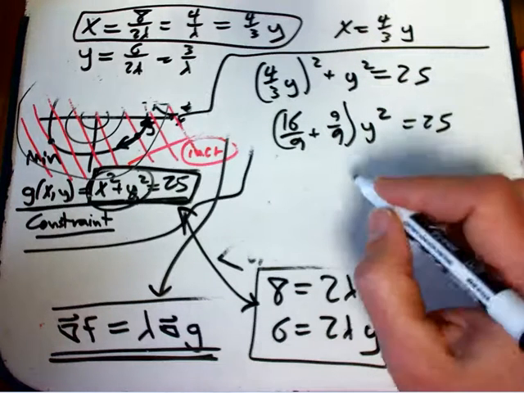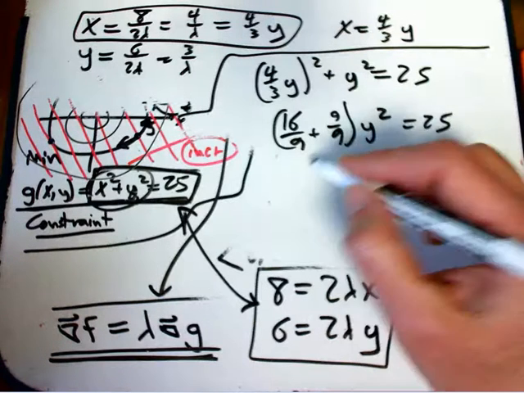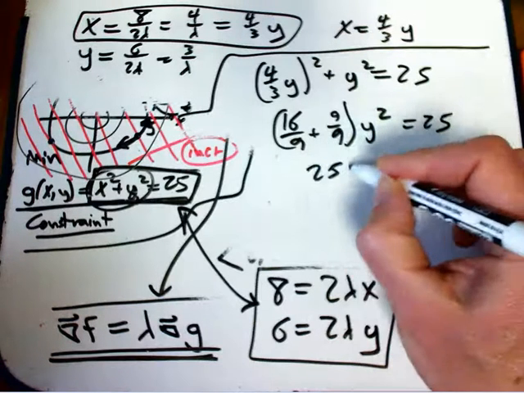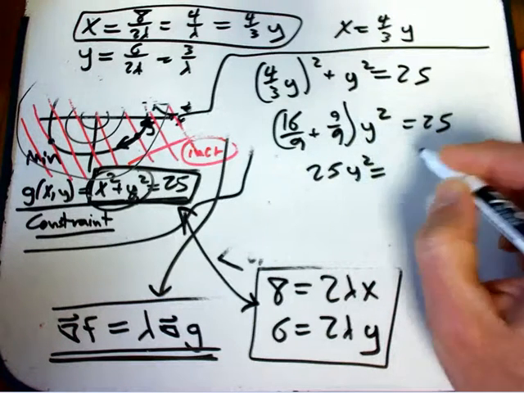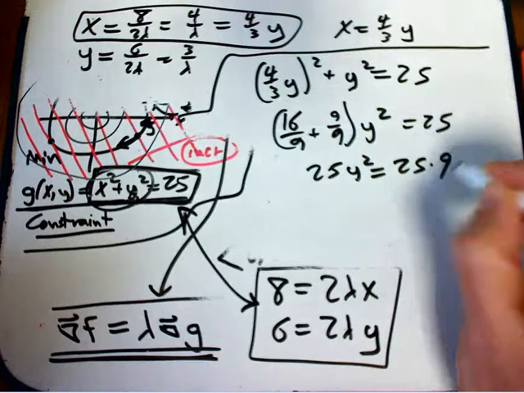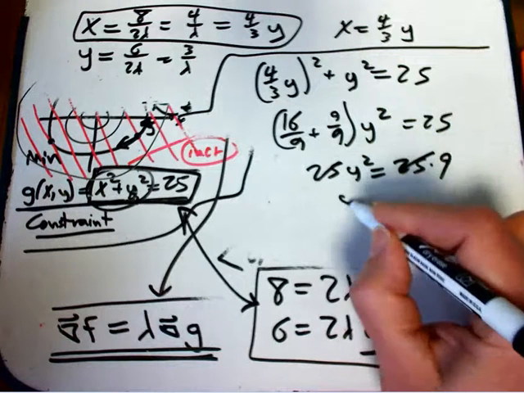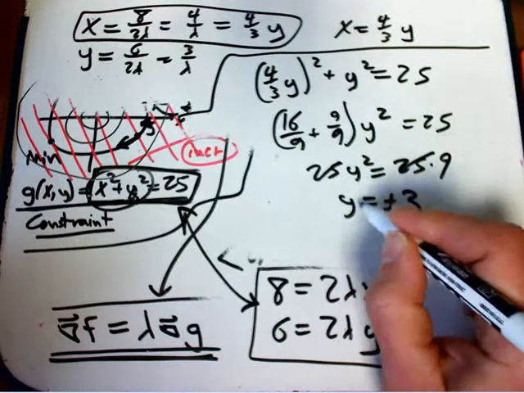And yes, I did pick a nice set of numbers. We're getting 25 y squared equals 25 times 9, clearing the fraction. y equals plus or minus 3.